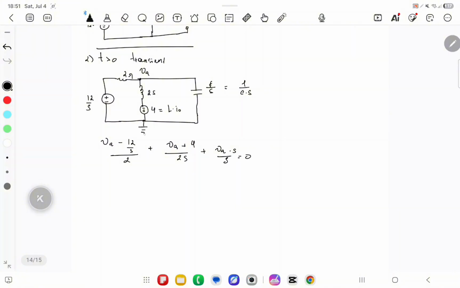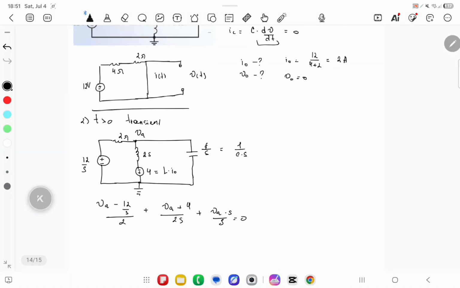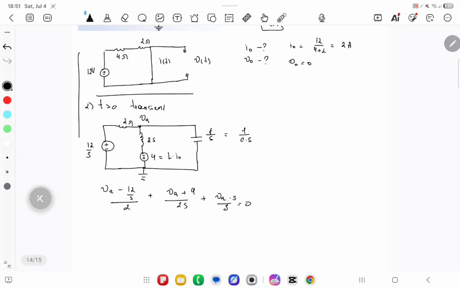So here is our ground, okay? This becomes very simple. Now the problem is very simple because we have all the essential information over here, and the rest is just pure calculation.